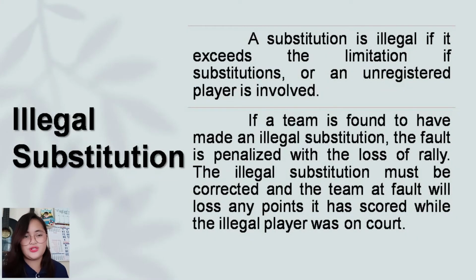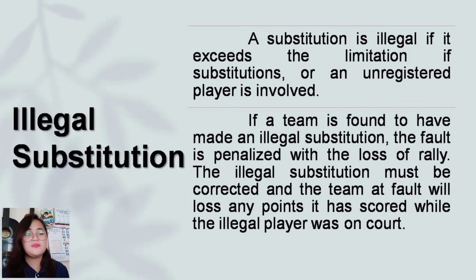Illegal substitution. When can we say that the substitution is illegal? A substitution is illegal if it exceeds the limitation of substitutions or an unregistered player is involved. An unregistered player means a player who is not listed in the roster or lineup sheet.